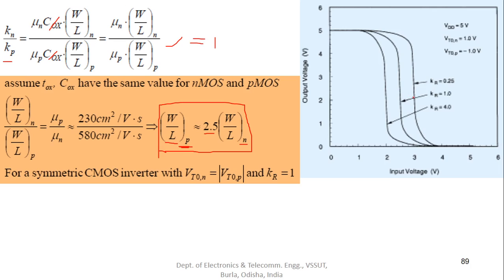So look here in the diagram, this is the curve for Kr equal to 0.25. And this curve is for Kr having a value of 4. And this middle one is having a value of Kr equal to 1. So this is the case for a symmetric inverter.